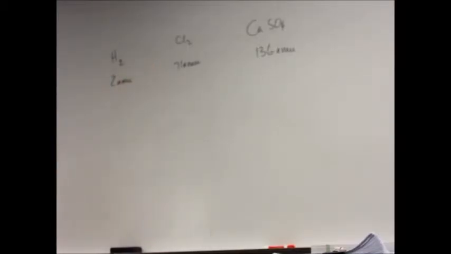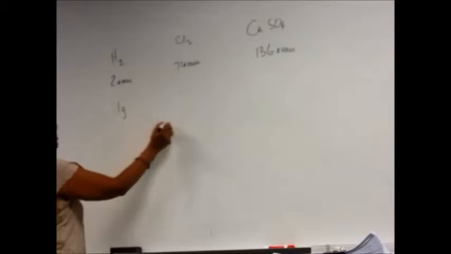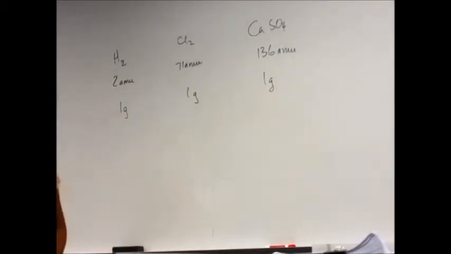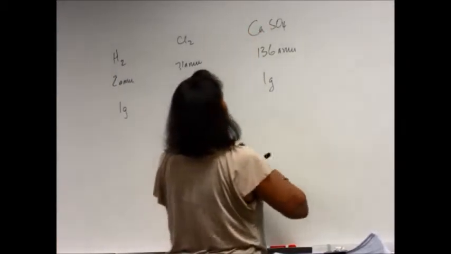Okay, all right. So I'll give you a conceptual problem to think about. If I have 1 gram of each of these, which one has the largest number of atoms? You want me to change the calcium sulfate if it's bothering you? It's bothering me a little bit because it already has so many atoms in there.